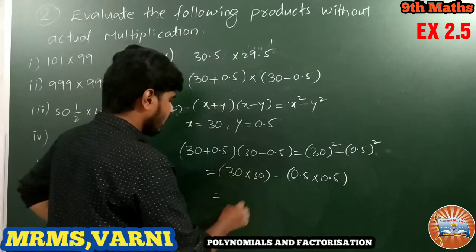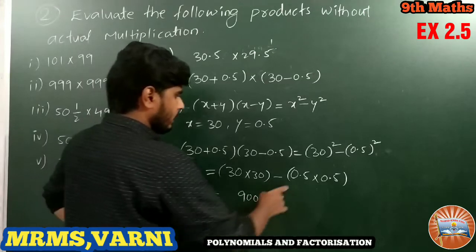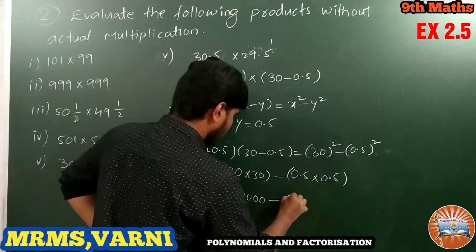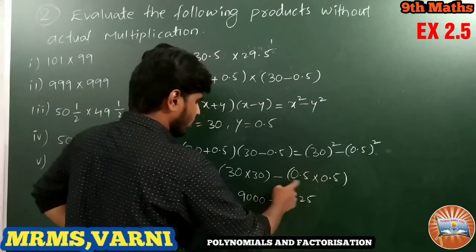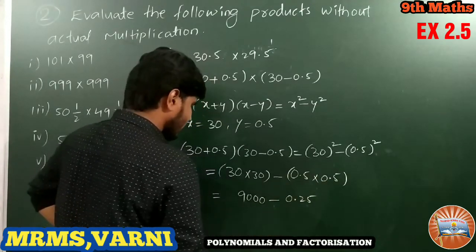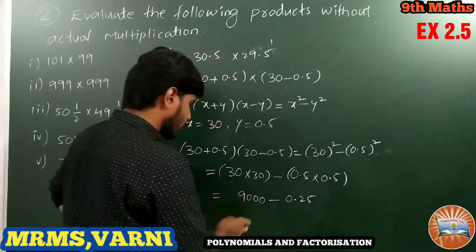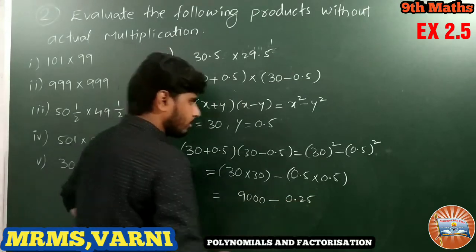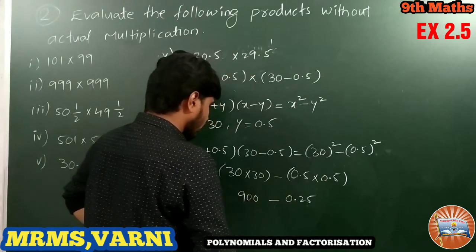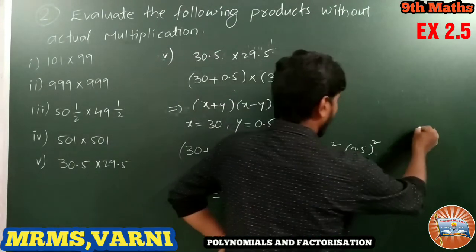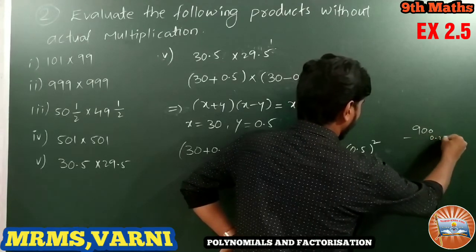Next, 30 into 30 is nothing but 900, minus 0.5 into 0.5, nothing but 0.25. Okay, 5 5s are 25 as it is, take the decimal point as it is. Okay, 0.5 into 0.5 is nothing but 0.25. Now we have to subtract 0.25 from 900. Sorry, 30 into 30 is 900. So 900 minus 0.25.